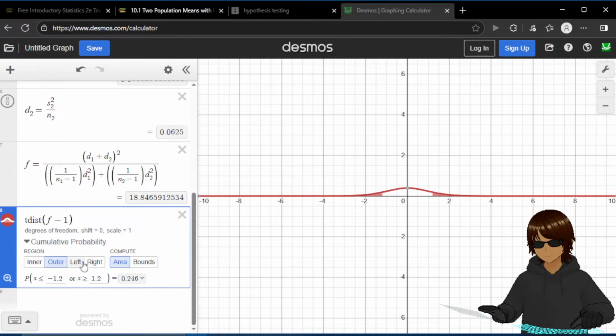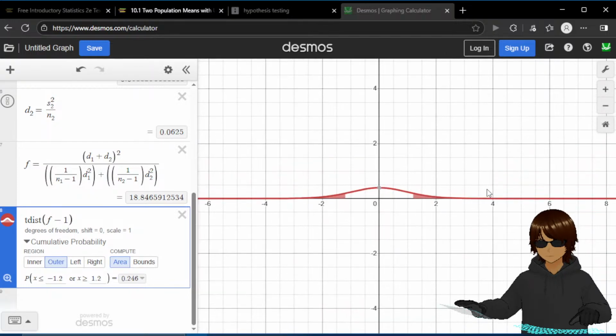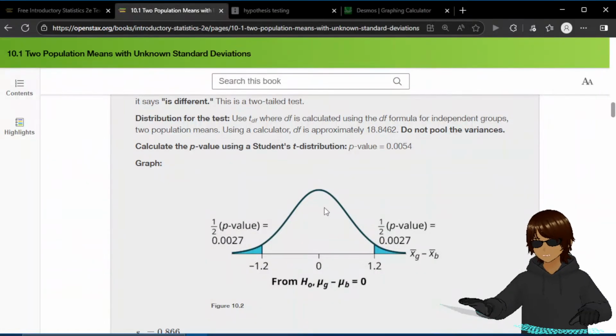I'm still thinking how this is possible. Students t distribution p-value 0.0054.